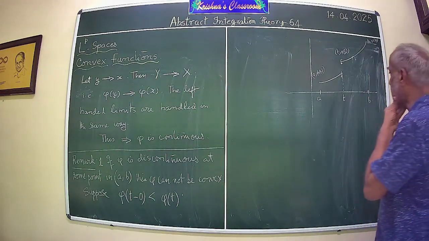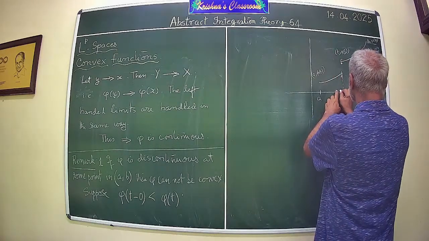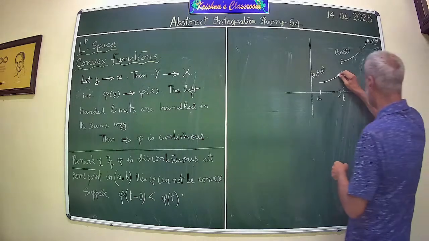Now what one does is you choose a point, then you have phi.